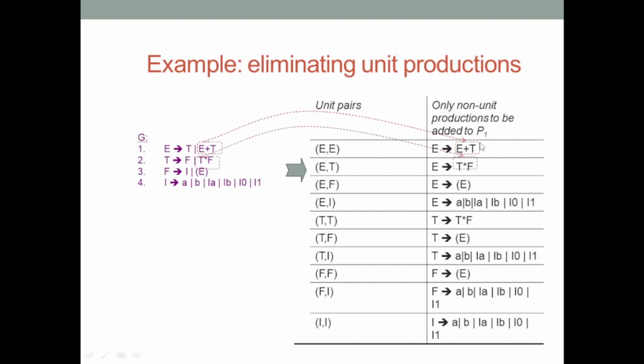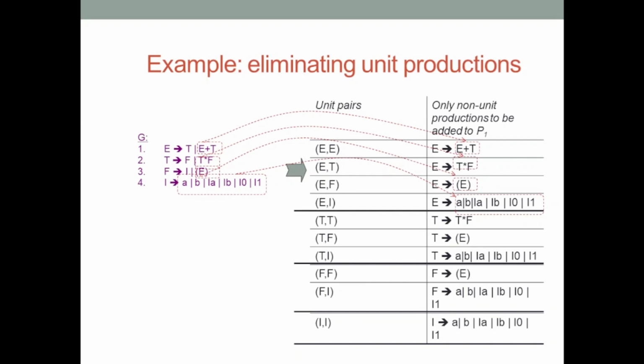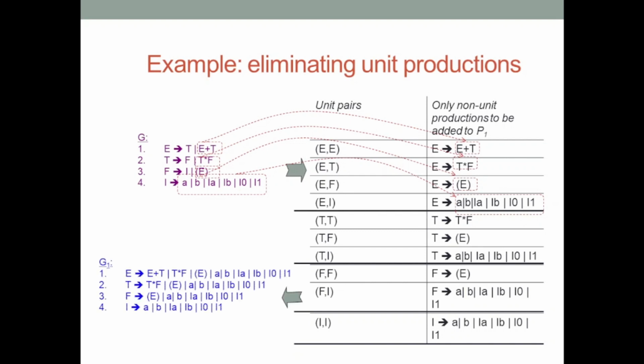For the next step, capital T derives to T star F. So this is only added to P1. Next, capital E in the bracket, you have to add into P1. So these are the various steps. So this is the resultant grammar, that is G1. You can see that there is no unit production in this output grammar.